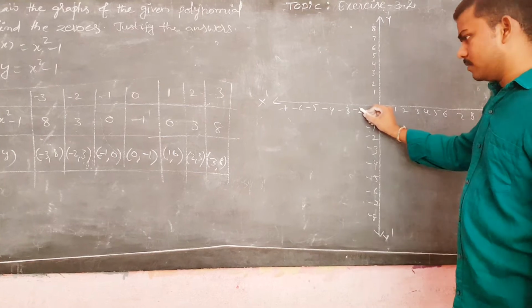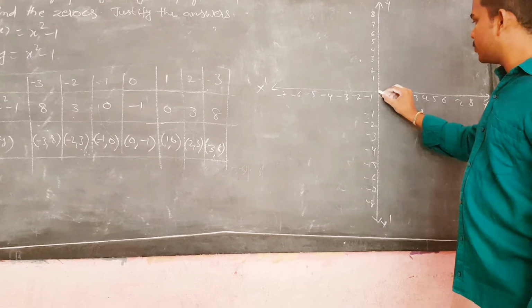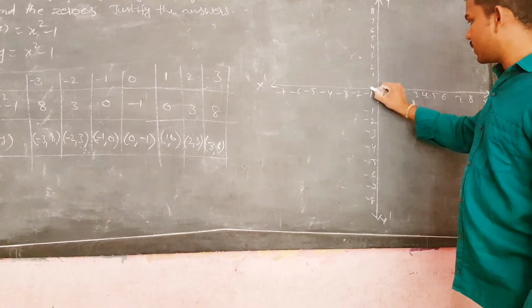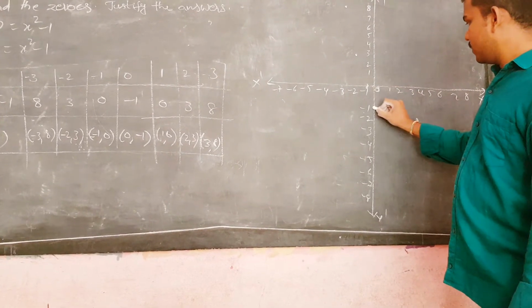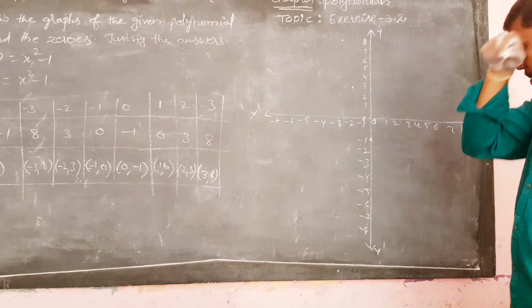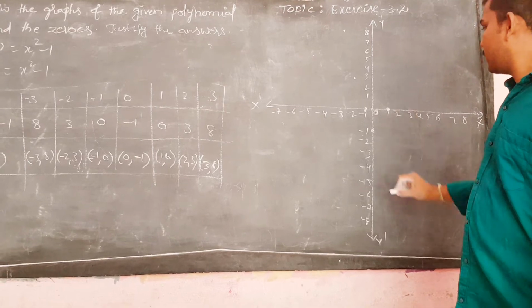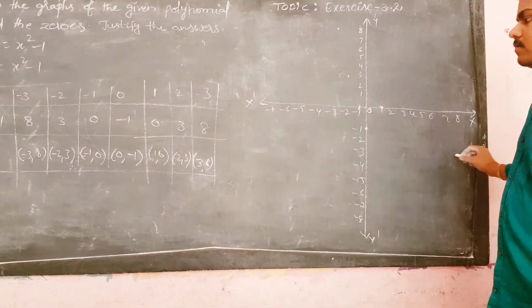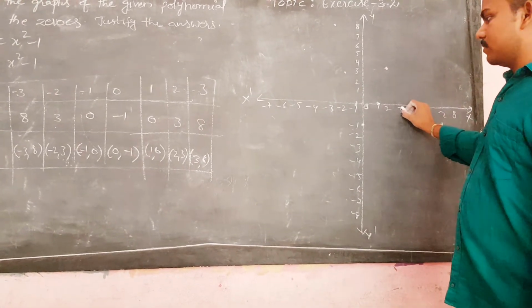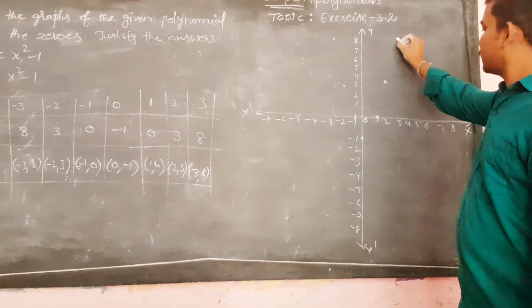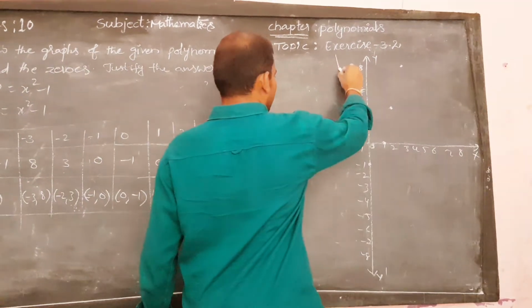Minus 2, 3; minus 1, 0; 0, minus 1; 1, 0; 2, 3; 3, 8. Write these points.